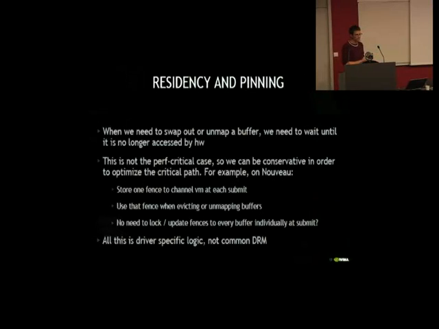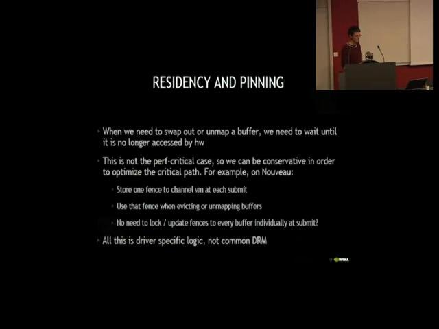But as Daniel and Alex were discussing, we want to optimize the common path where everything is resident, and not loop through all the buffers at each submit just to notice that everything is resident. So maybe we could instead store a fence in a higher level object, such as the channel VM, or if you want to have these working set objects, you could store the fence there, and then use some kind of dirty bits: mark a working set dirty if you evict something from it, and then you need to make it resident again if it's dirty.